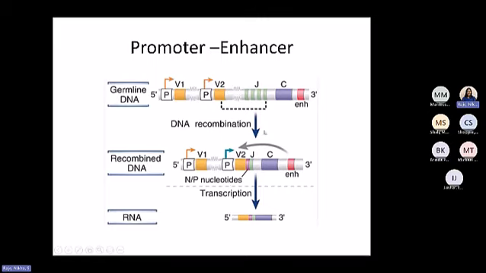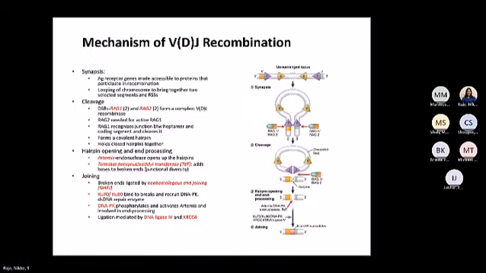So say the V1 region or V2 region is going to come in close contact with the D or J region and then the C region, and the intervening segments are going to go away. So the promoter and enhancer are going to come close to each other. That's going to help with transcription.